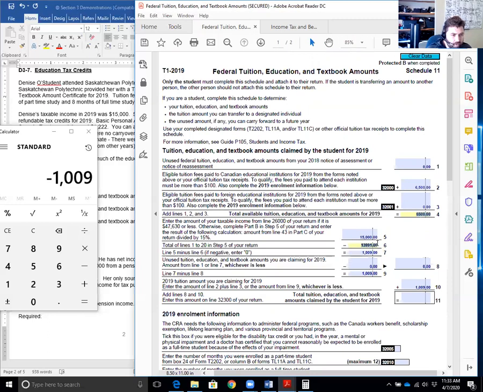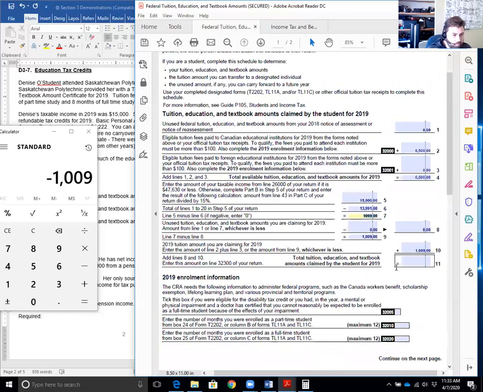You're going to use the credits you already have, the non-refundable ones that you can't carry forward. Okay, and so how much of the federal tuition amounts should you use to bring your taxable income to 0? You only need to use $109. That's what this form is making you do.